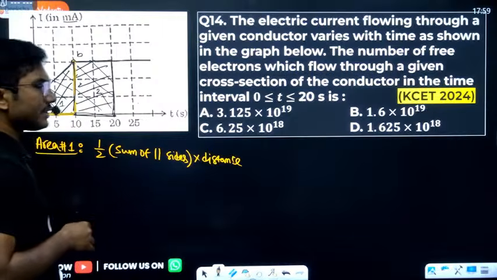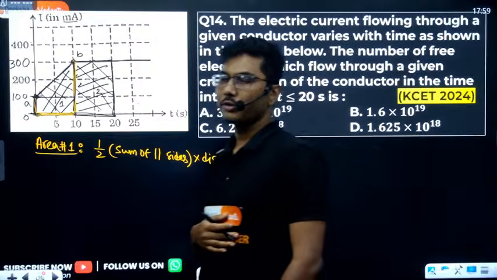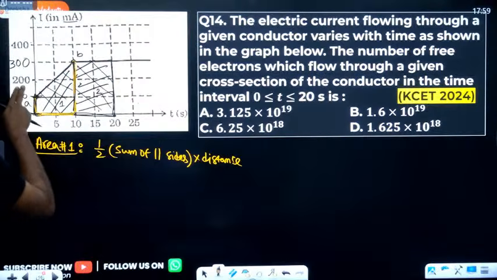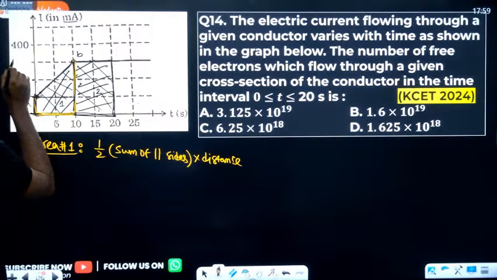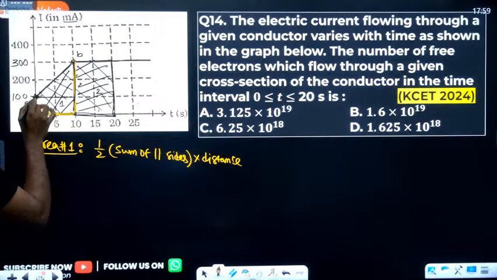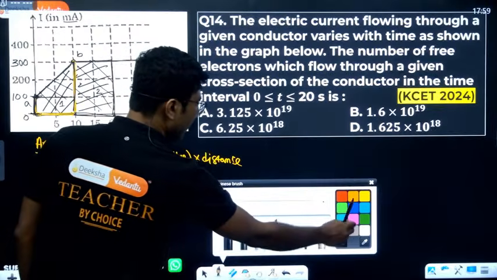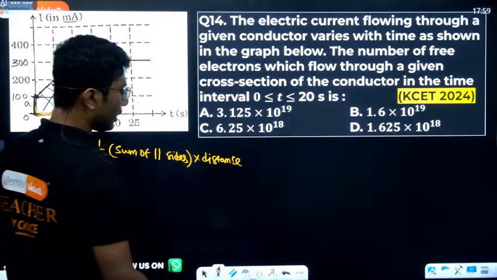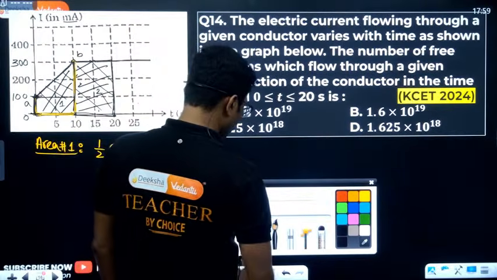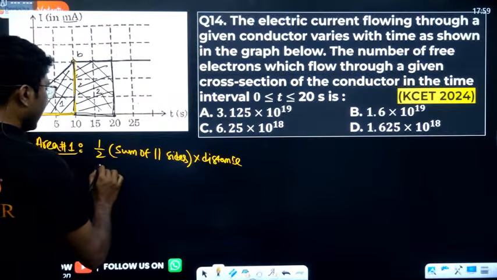So not always everything will be explicitly given in the graph. You may need to use a little bit of understanding to figure out the values. So for A it will be 100, for B it will be 300. Now everything is in milliampere, so whatever we calculate will come out in millicoulomb. Anyway, let's see the area of this.